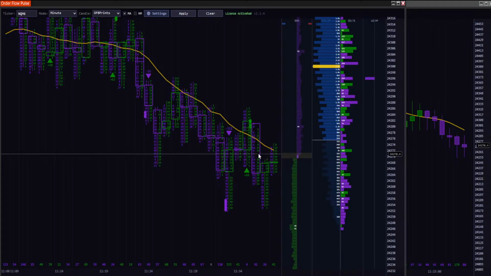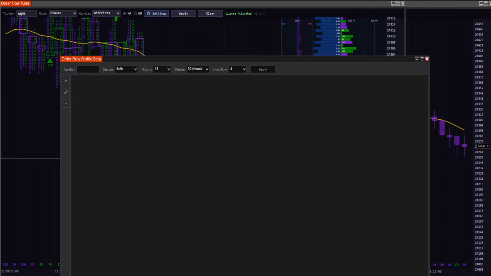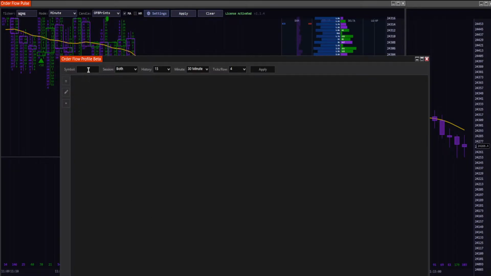It's 11:40. We'll be going into lunch. I think we're going to be moving into just a balanced day. And if we look at this, we have the NQM6.